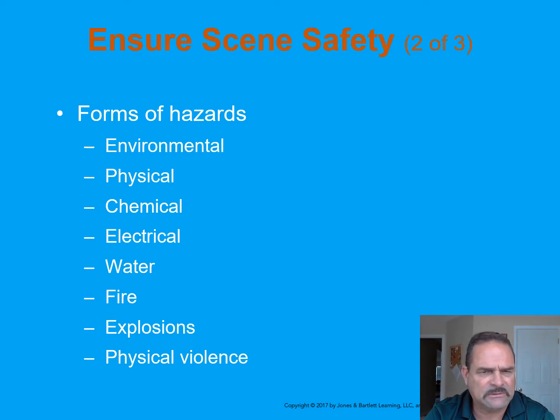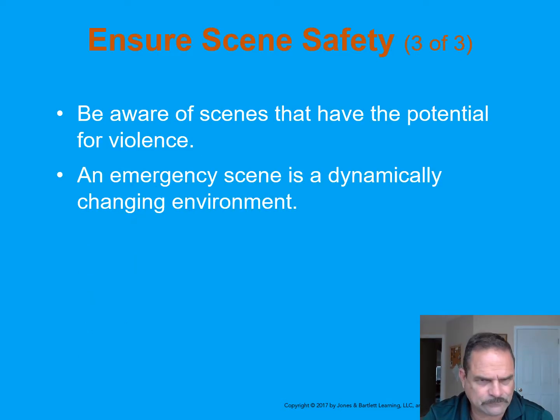Chemical and electrical, I think they speak for themselves, but specifically on the electrical, especially in automobile accidents, remember that even if the line hasn't fallen, it could sag, because when the poles get bent, the wires attached to them now sag. So you can run into one of those very easily. And then, of course, water, fire, explosions, and any physical violence.